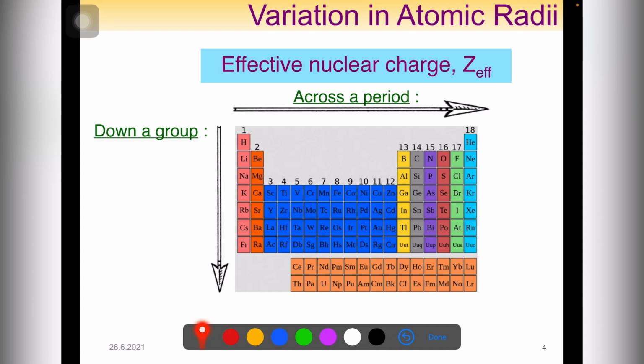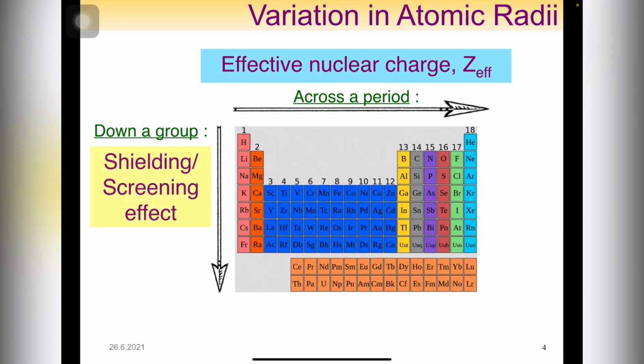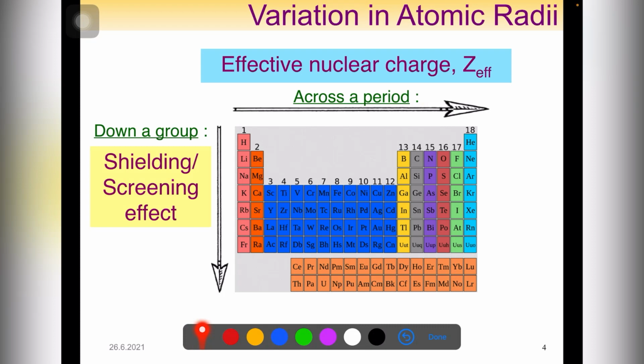And down a group, shielding or screening effect is the main factor affecting the atomic radii. So these two factors affect the variations in atomic radii across a period and down a group.